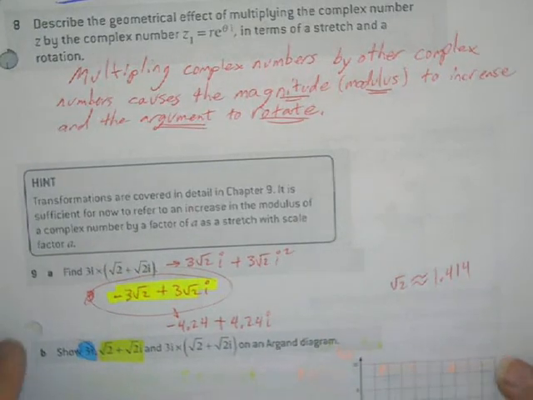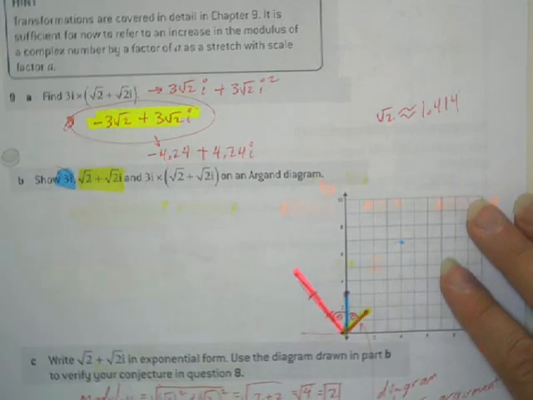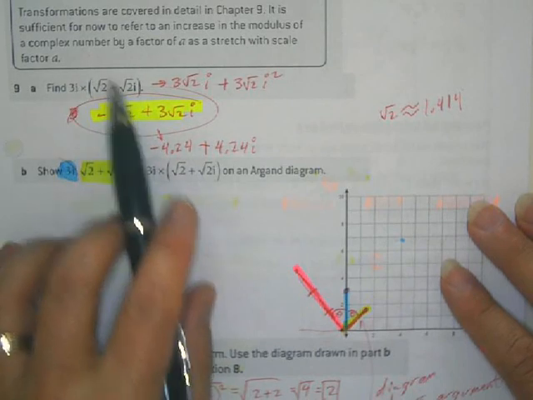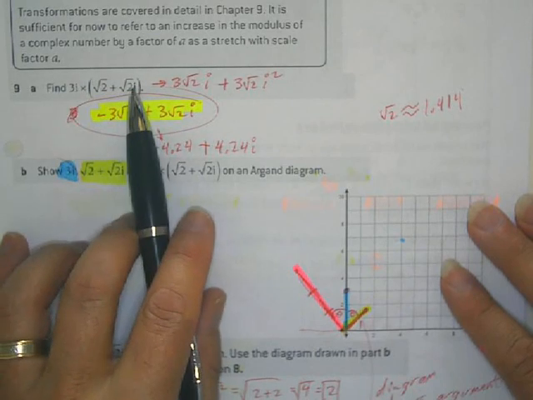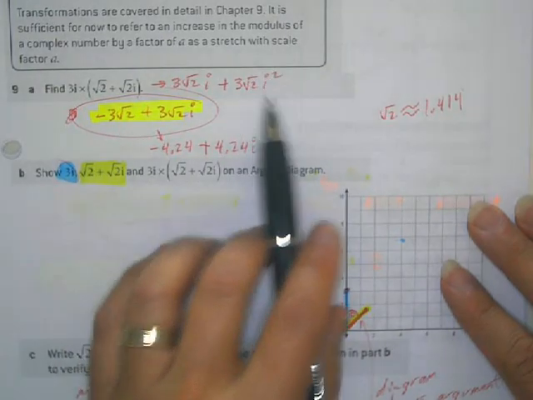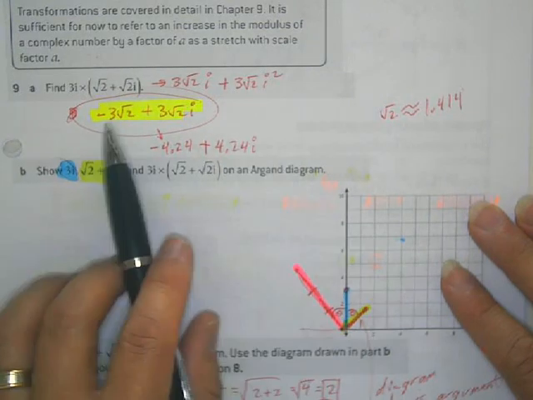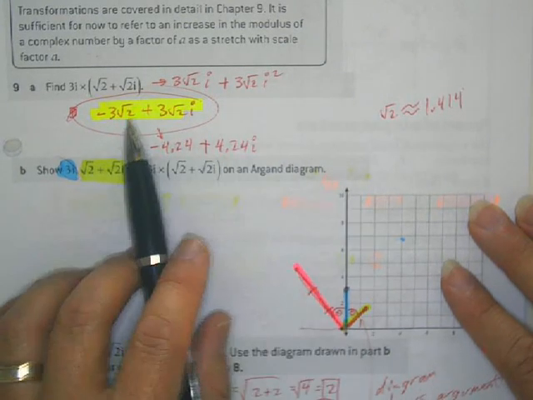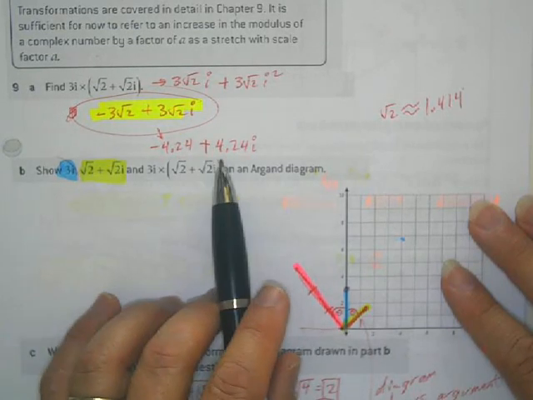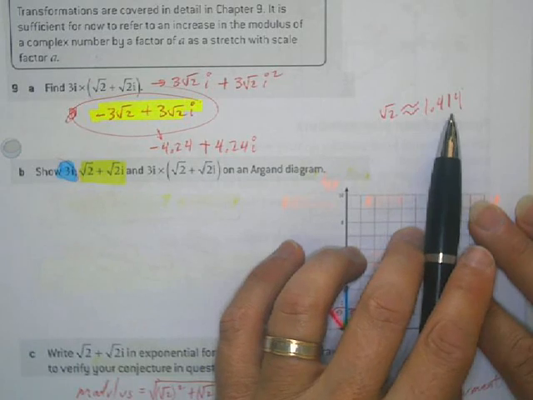Okay, so 3i times radical 2 plus radical 2i is going to give me this, right? And we know that i squared is -1, so this is going to change to minus 3 radical 2. And then we've got that there. And if I plug this into a calculator, I get this. Okay, because square root of 2 is about 1.41.